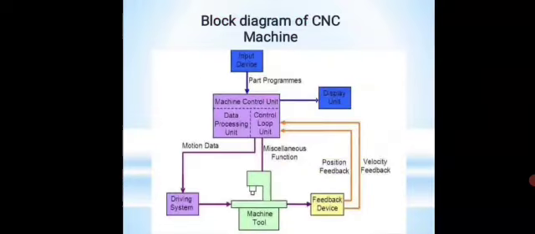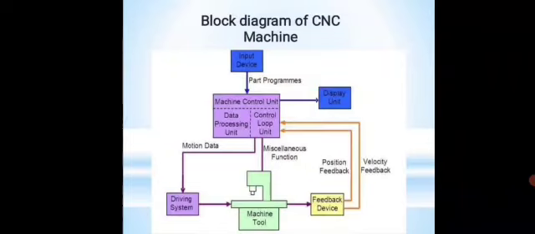You can see the line diagram of this CNC machine. Here, first the input device, we are giving the input to the machine control unit. That means by part programming, and part programming is in machine understanding language.